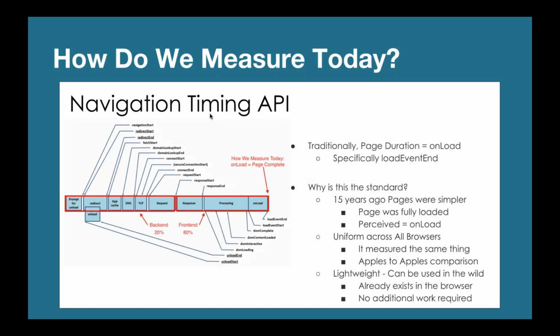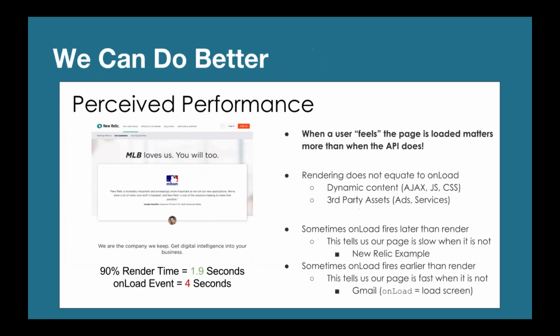A small JavaScript snippet can be laid onto the page, and we can just collect the data and send it off somewhere. And that's where New Relic becomes involved. We collect it and then send it off to our analytics engine. So this is what we're doing today. The onload is basically the page complete.